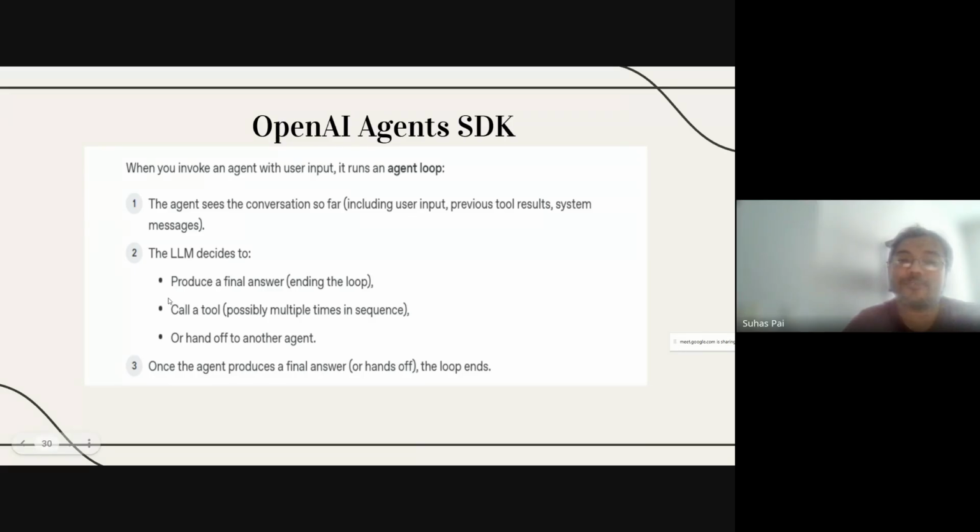So the agent loop here is, you can either produce a final answer, or you can call a tool and then continue calling a tool, or you can hand it off to another agent. Once the agent produces a final answer, the loop ends.